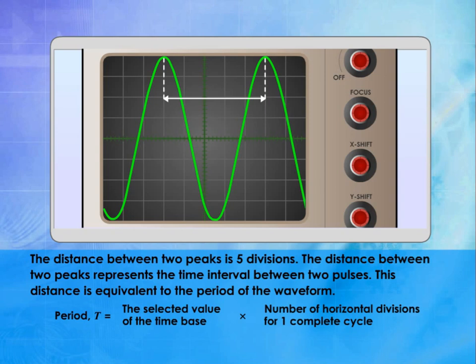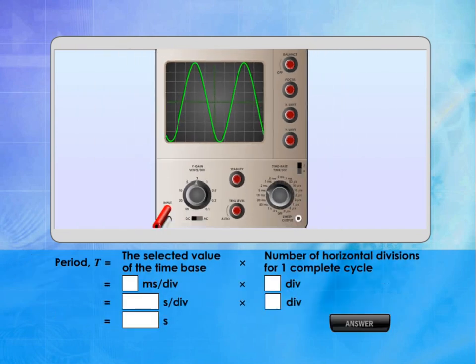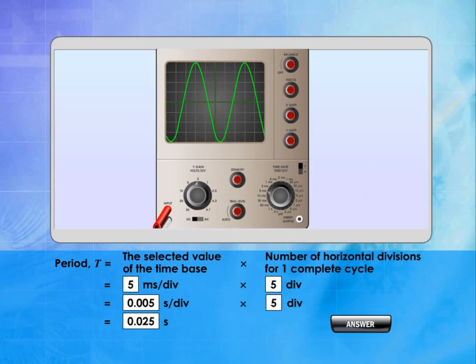Thus, the period of the waveform can be calculated by multiplying the selected value of the time base by the number of horizontal divisions for one complete cycle. Thus, the period of the waveform is 0.025 seconds.